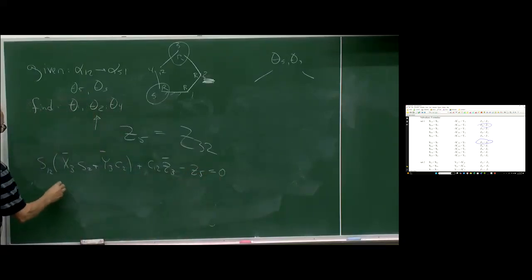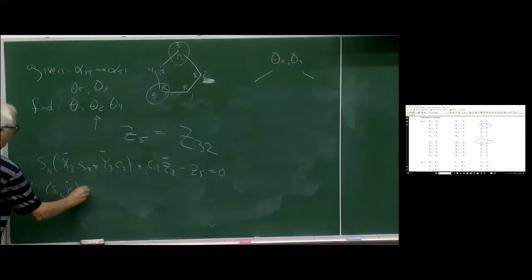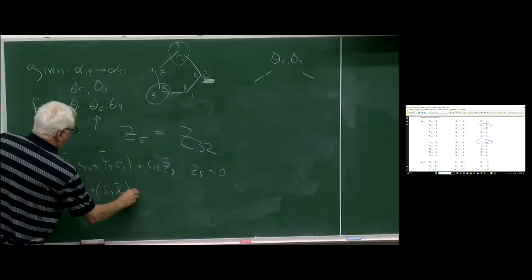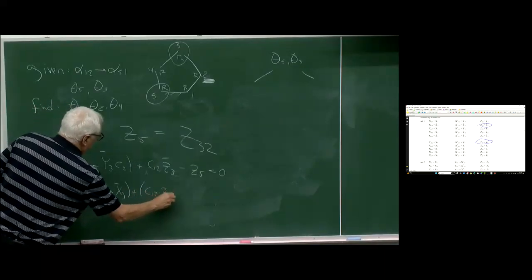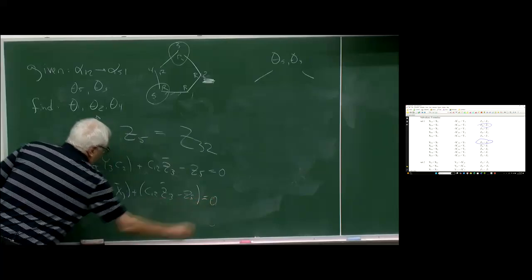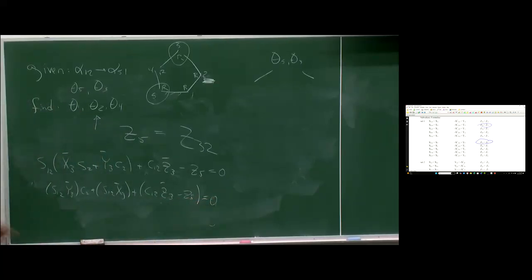And again, we factor this into the format of S12 Y3 bar, S12 X3 bar, C12 Z3 bar minus Z5. Theta 3 is given, so that's going to evaluate to a number.